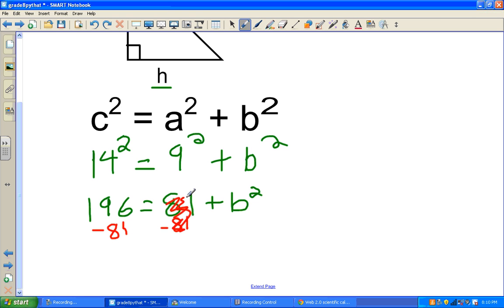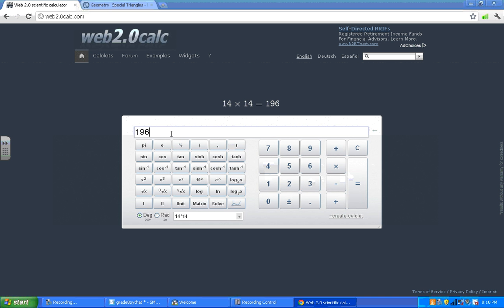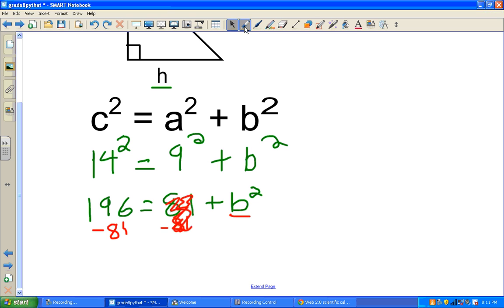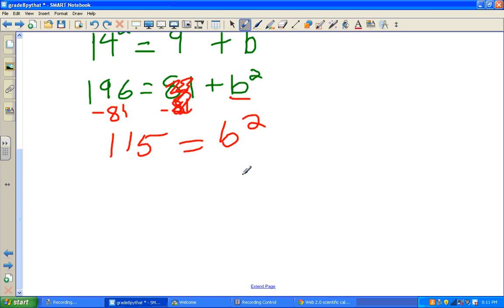So this is gone, and I'm left with B squared. 196, take away 81. Now I'm going to subtract 81, and my answer there is 115. So I'm left with 115 on this side, and I'm left with B squared on this side.